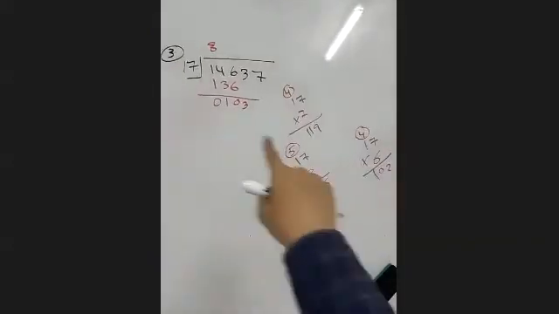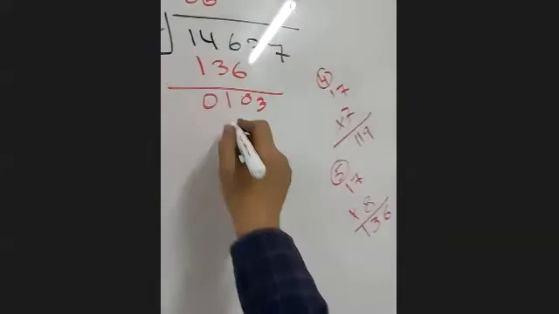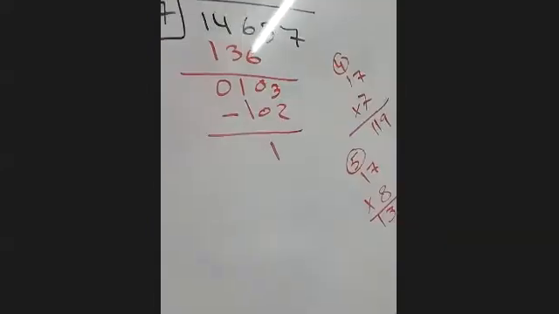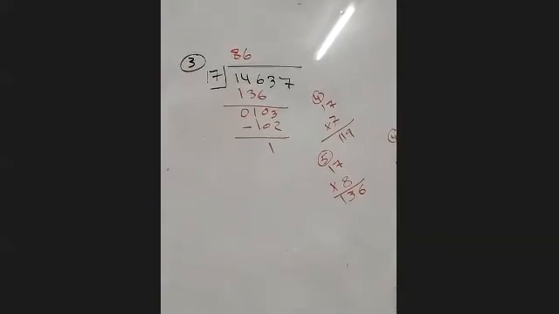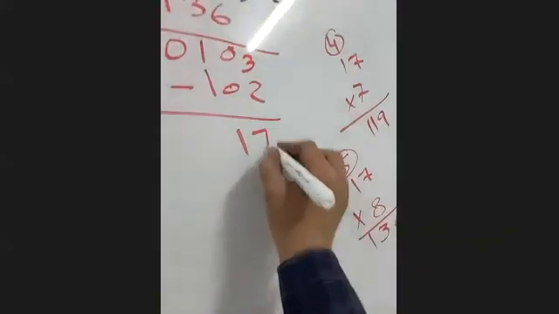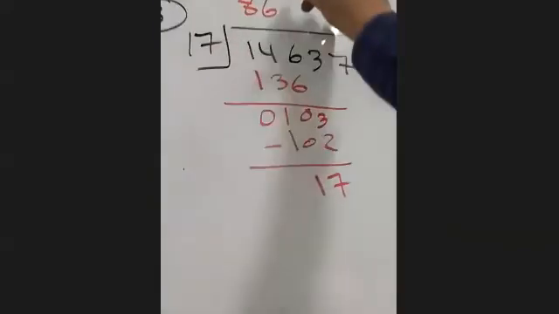So we will put 6. 6 by 17, 102. Subtract 1. Then we grab the 7 down. We put 1, 17 minus 0. 1.